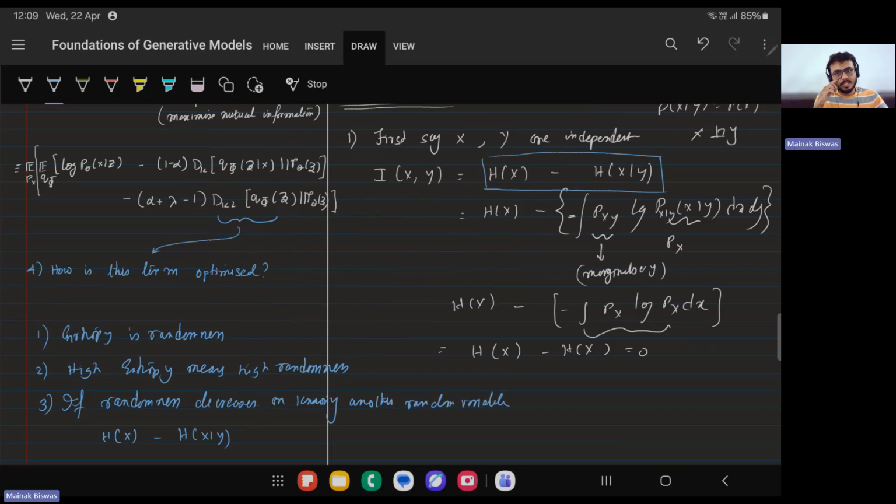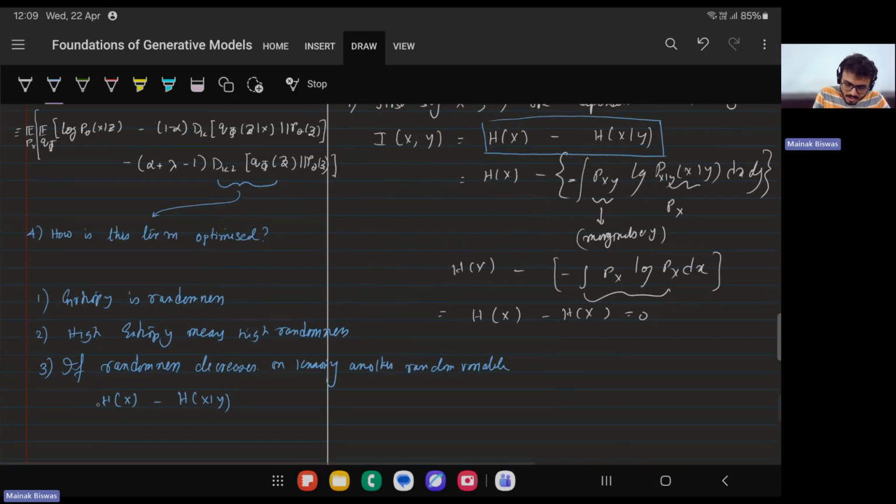It's a difference between the entropies, how much the entropy decreased. If two random variables are independent, there's no decrease. So this was your initial entropy, and this is your final entropy.